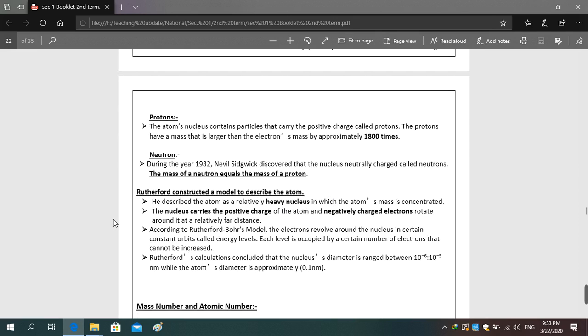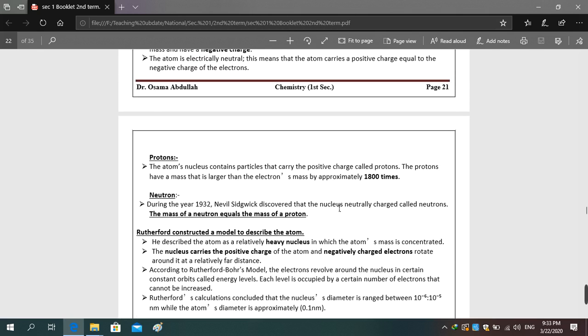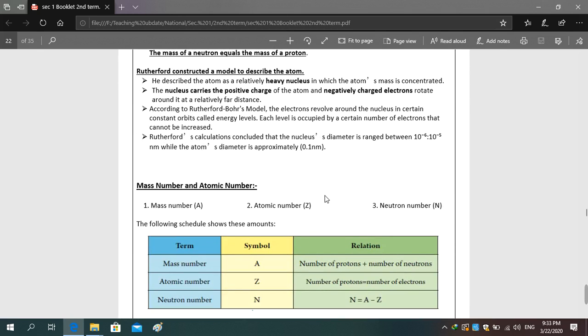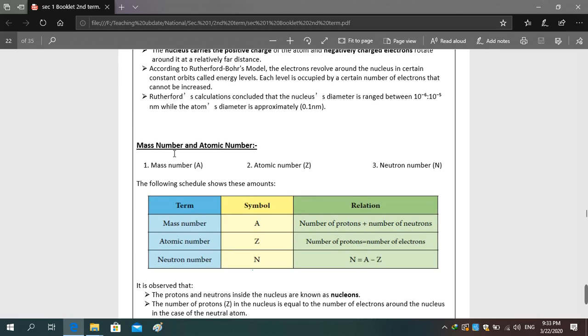Also, we studied before that Rutherford discovered the nucleus, the heavy nucleus which has protons and neutrons inside it. We have three main parts in the atom: a mass number with the symbol A, an atomic number with the symbol Z, and a neutron number with the symbol N. Mass number is the number of protons plus the number of neutrons.